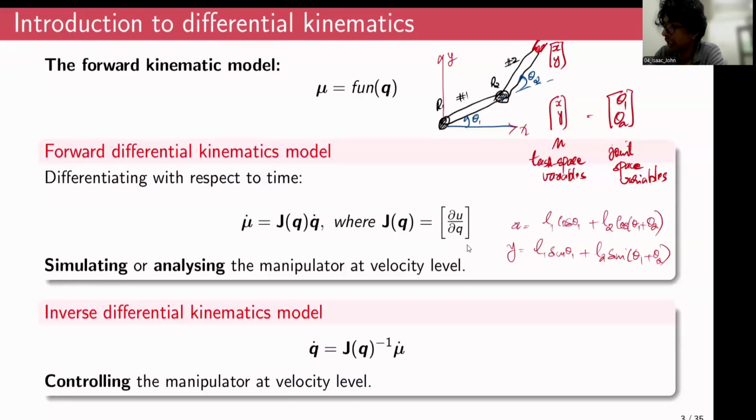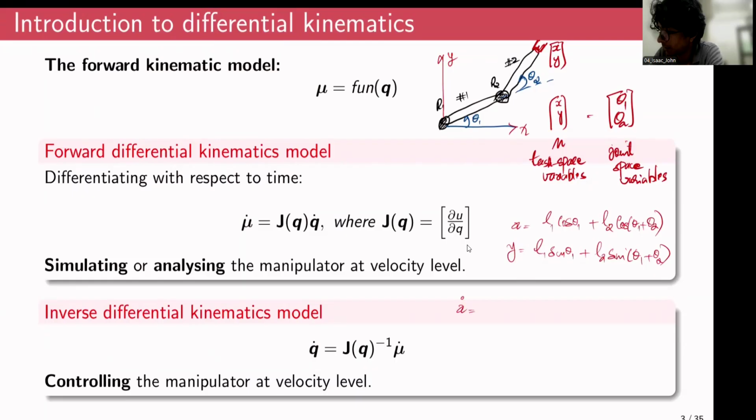So any location of the end effector, expressed in x and y coordinates, can be defined using this forward kinematic mapping. If you take the derivative of x and y with respect to time, you end up with the following two equations.